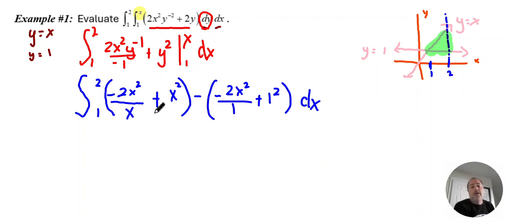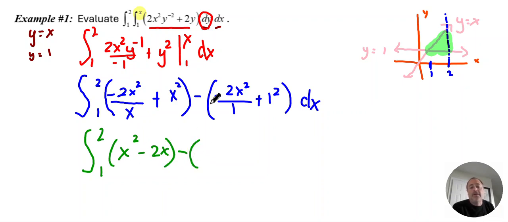All right, so we're going to start simplifying this down. Let's do a quick simplification. So we get x squared minus 2x. I just rewrote the x squared over here and then minus 2x right there. Minus, actually let's put parentheses around this, even though we don't technically need them.